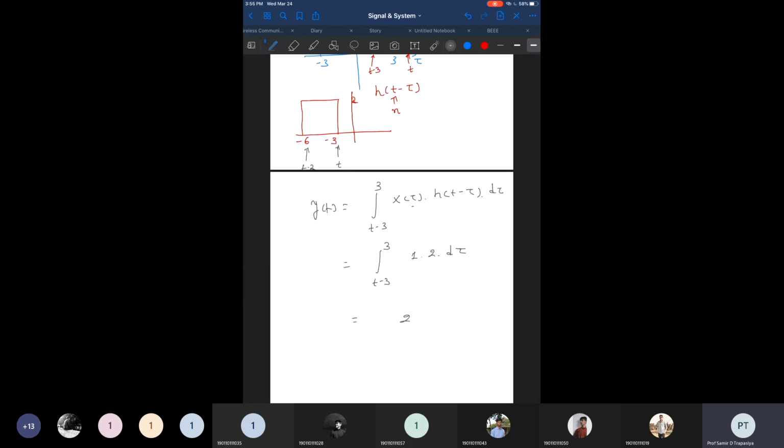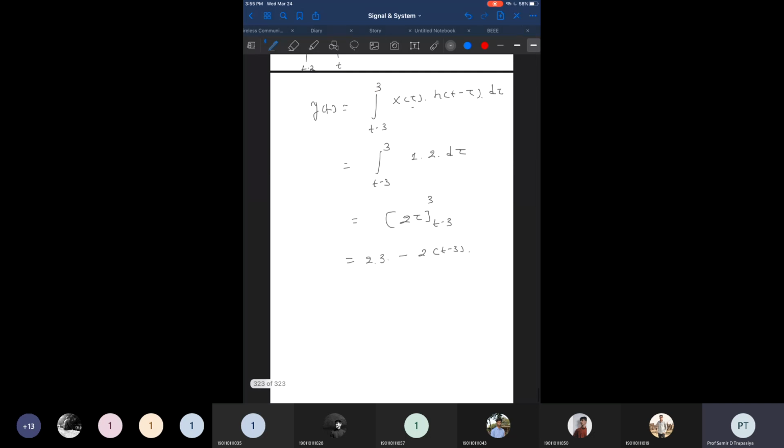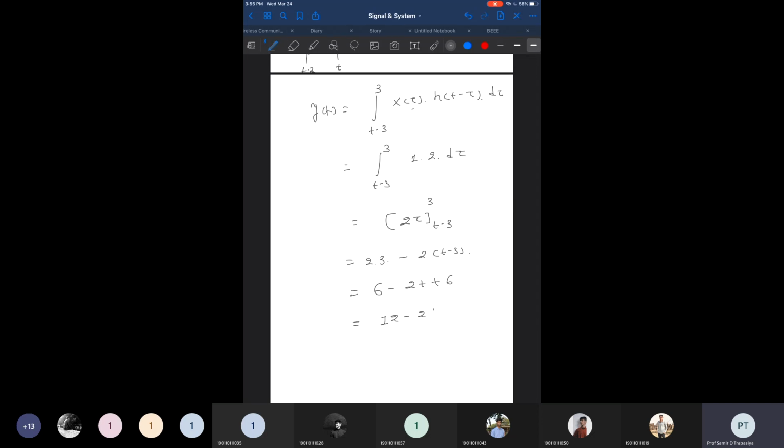If we give these limits, t minus 3 as lower bound and 3 as upper bound, and solve, it is 2 times 3 minus 2 times t minus 3. So 3 into 2 is 6, minus 2t plus 6, which is equivalent to 12 minus 2t, right?